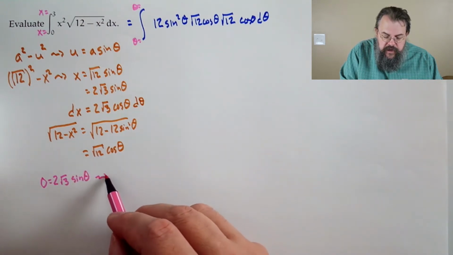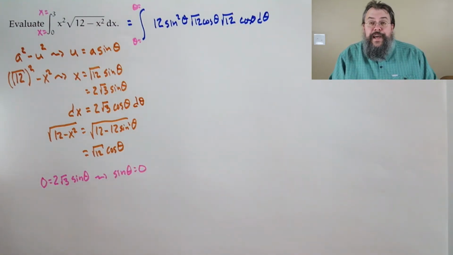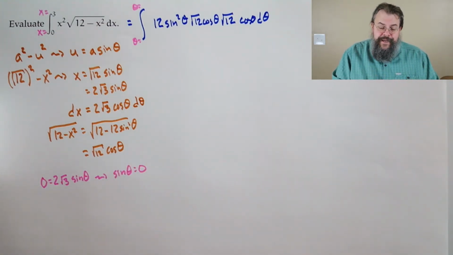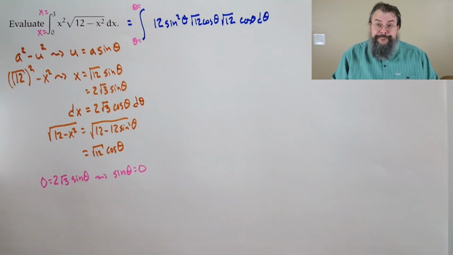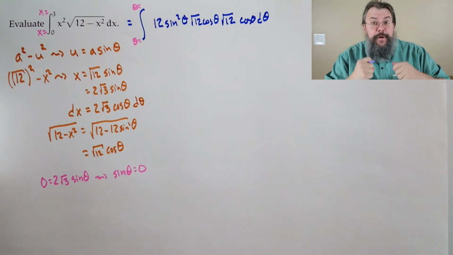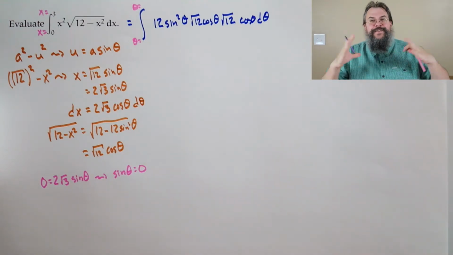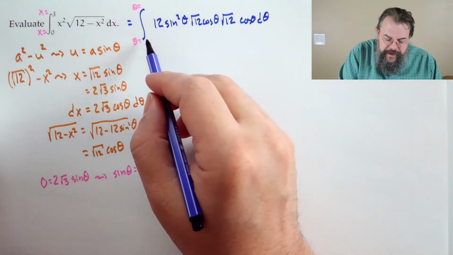Well, that really says sine of theta better be 0. Do we know an angle where the sine of the angle is 0? I know one. You know one too, right? And we can all say it together, 17 pi. Oh, wait, no. I meant 0. Yeah, 0 is the one you should use. You should always use the small one. Yeah, 0. Good.